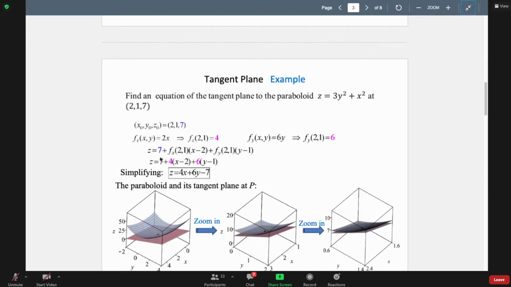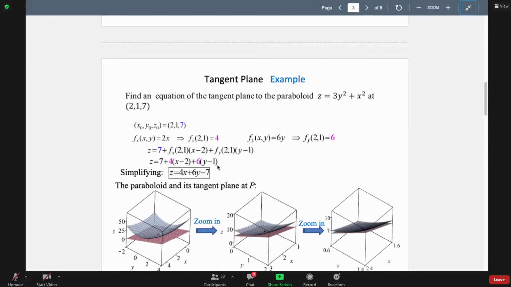And then z is equal to z0, the z0 is 7, plus fx at this point times x minus x0, which is 2, plus fy at this point times y minus y0, which is 1. If you simplify this, you will see that z is equal to 7 plus 4(x minus 2) plus 6(y minus 1).